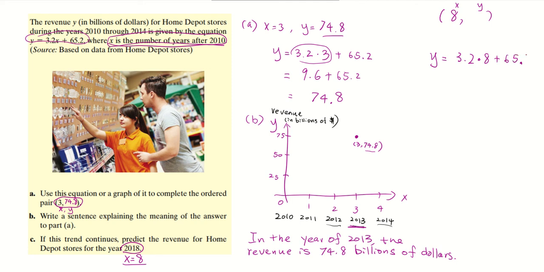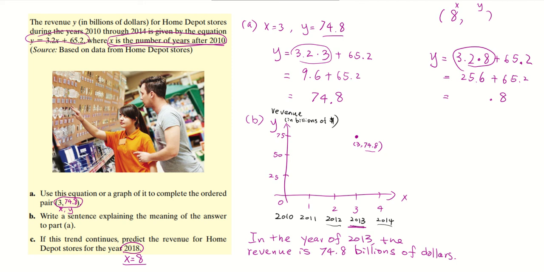Okay, let's go through the calculation. Again, do the multiplication first. So that will be 25.6 plus 65.2. Do the addition.